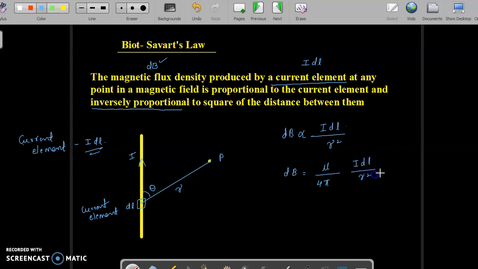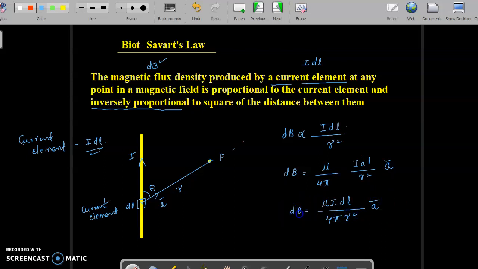In vector form, we can write dB as mu by 4 pi, I dl over r square, times a unit vector acting along this direction, where a is the unit vector. So dB equals mu I dl over 4 pi r square times a unit vector.